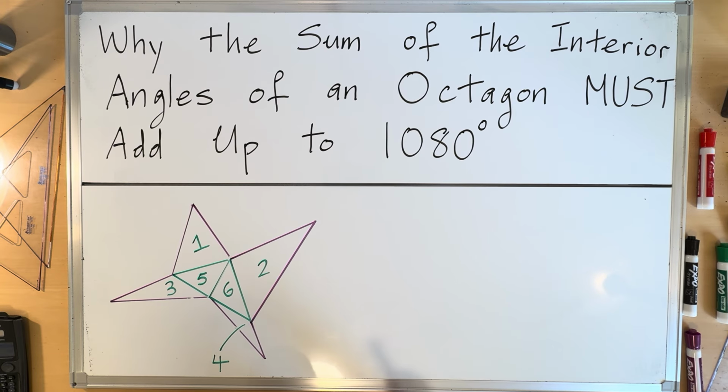Now, all octagons have 8 sides and exactly 8 points as well.